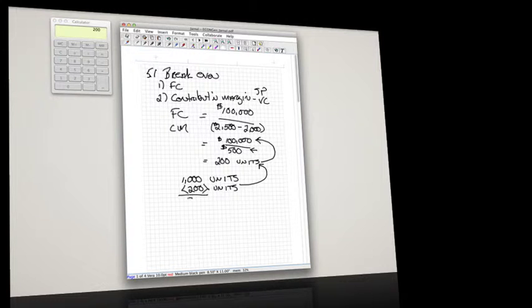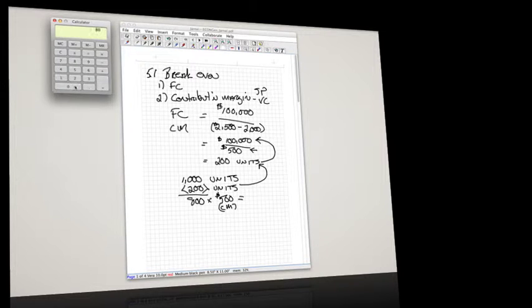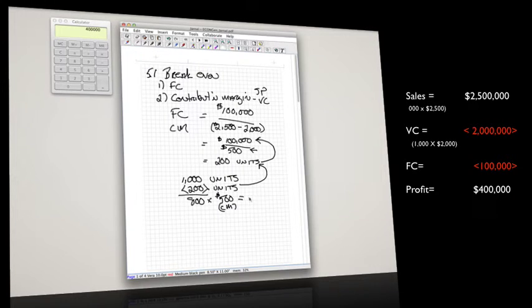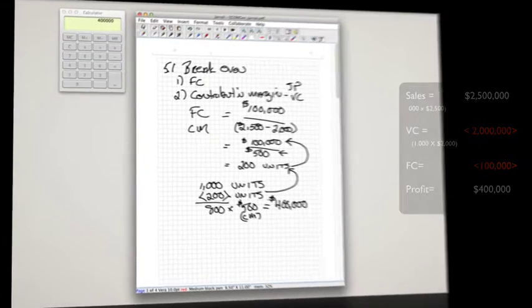On the other hand, once we pay our fixed costs, when we sell those additional 800 units, each one of them is going to give us $500 of contribution margin. And that contribution margin, therefore, gets contributed directly to profit. So, simple matter, 800 units times the $500 that each unit contributes suggests that we're going to earn $400,000 of profits from selling 1,000 units.